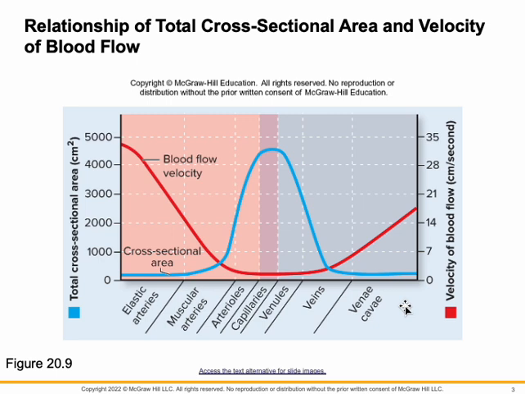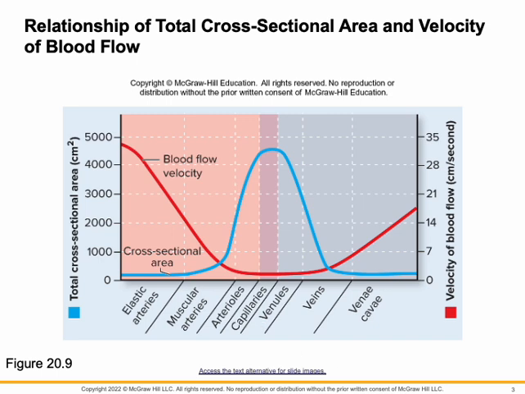So as you increase the cross-sectional area of a vessel or of a vessel type, you can see a corresponding change in the flow of blood through those vessels, right? And it's an inverse relationship. As we increase cross-sectional area, we begin to have decreases in blood flow velocity, right?